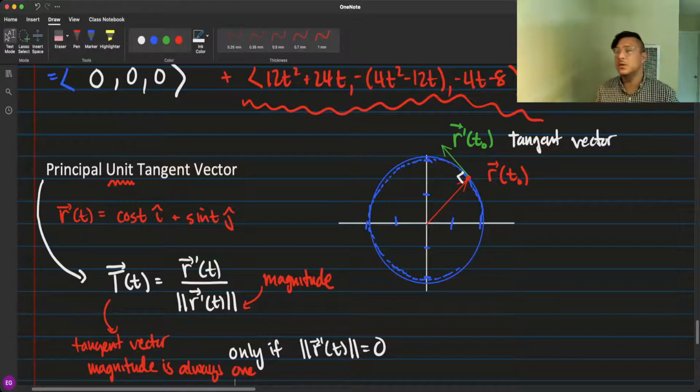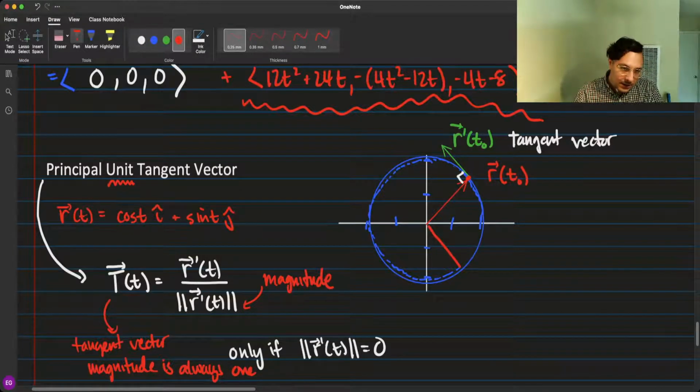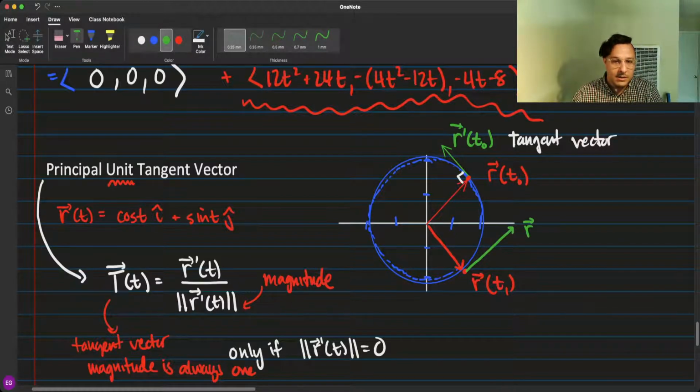This ends up being useful because, let's say you draw one of the vectors over here, and this is r of t1. Maybe at that point the tangent vector is really long, so r prime of t1 has magnitude 5.